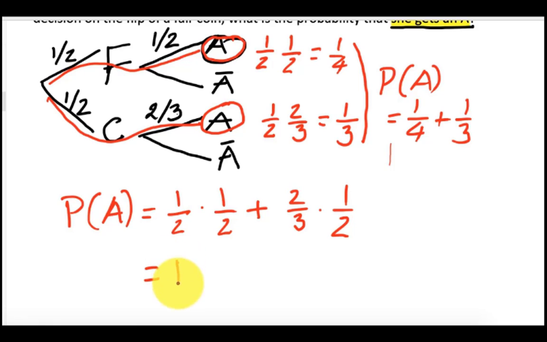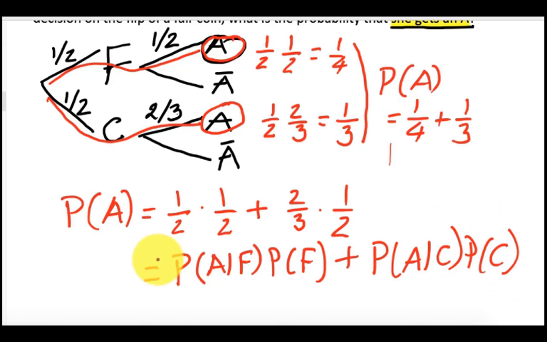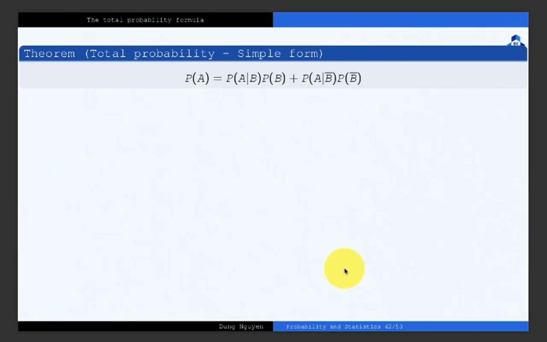And then you get the probability of A given F times the probability of F plus the probability of A given C times the probability of C. This equation is called the total probability formula. Here is the theorem. The probability of A equals the probability of A given B times the probability of B plus the probability of A given B bar, the complement of B, times the probability of B bar.